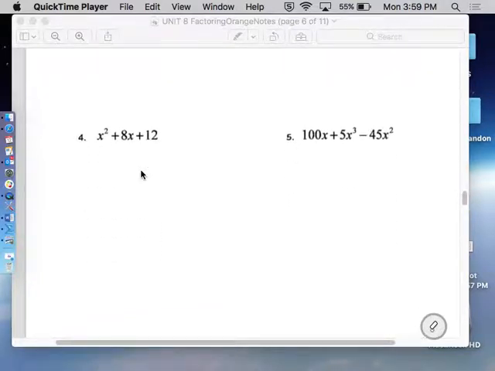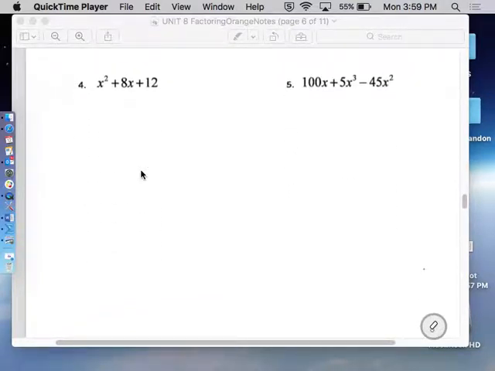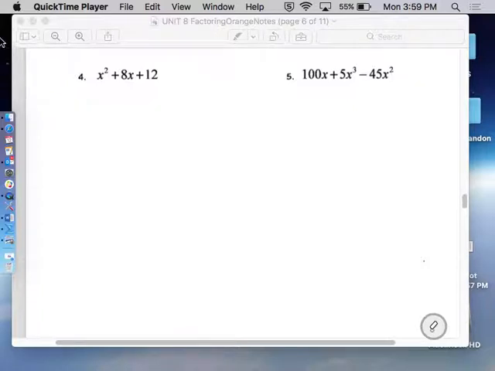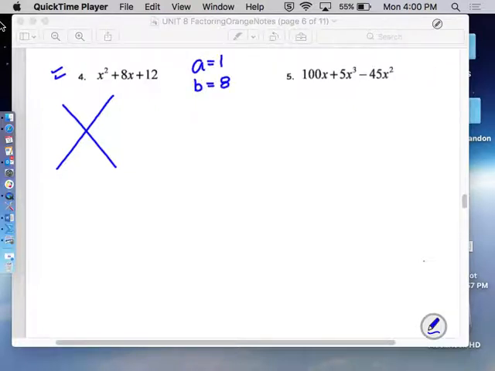And let's look at a problem like number 4. So it's already arranged in order. There's no GCF, and I now get down to analyzing for the big X. The product of A and C, so in this particular problem, A is 1, B is 8, and C is 12.